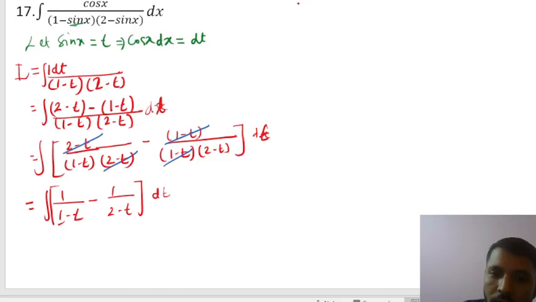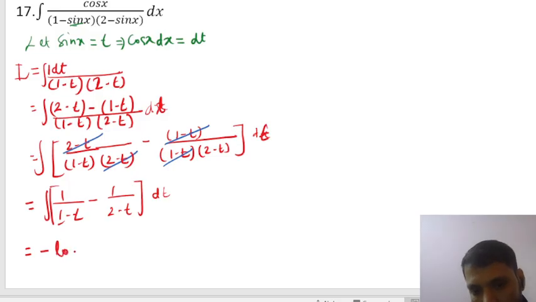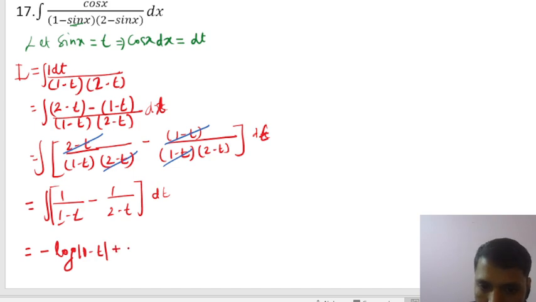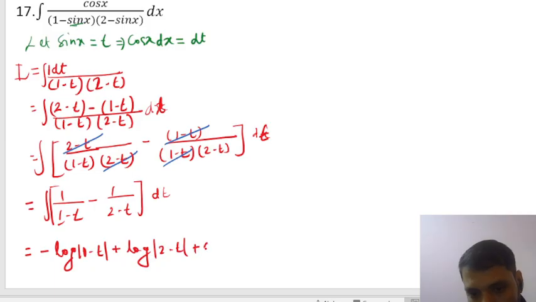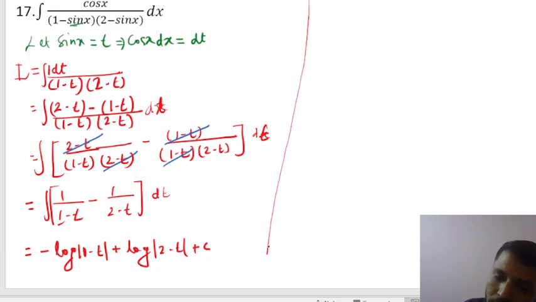It will become minus log of mod (1 minus t), I'm taking the minus outside because the coefficient of t is minus, and minus and minus will become plus log of mod (2 minus t), plus c.